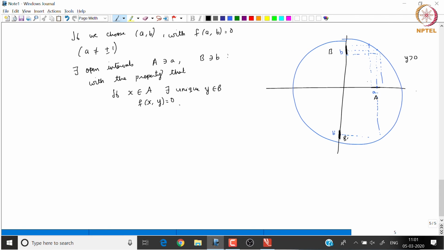And therefore we can define a function g again from A to R, such that g of x, so this is all the B, g of x belongs to B, and now the function where I started off saying that f x comma y is 0 can now be written as f x comma g x is equal to 0.